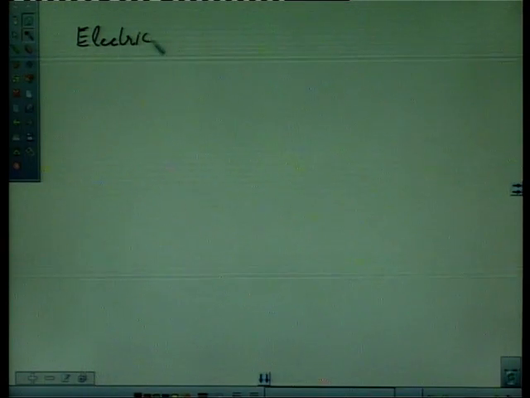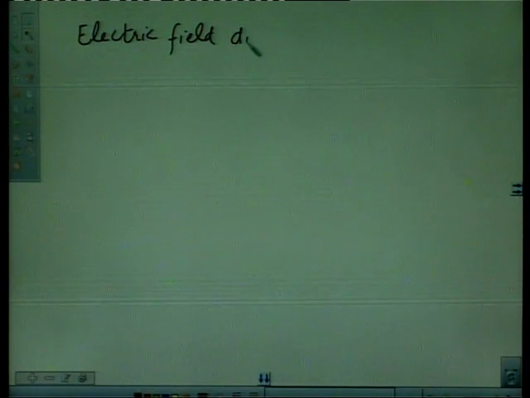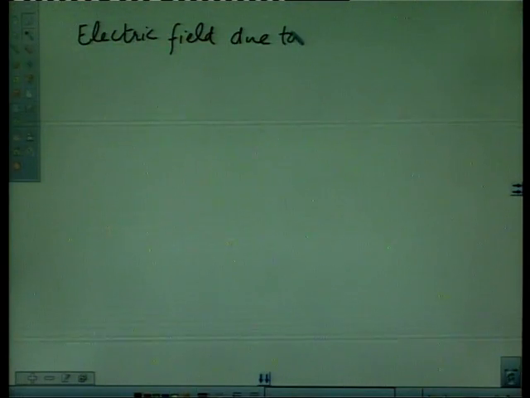So, firstly we will find the electric field due to a point charge.